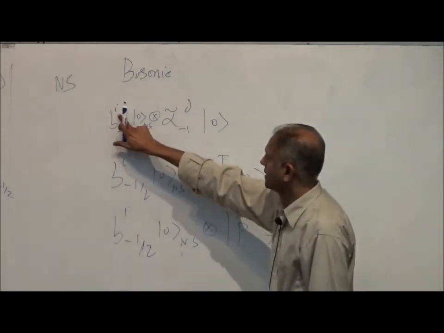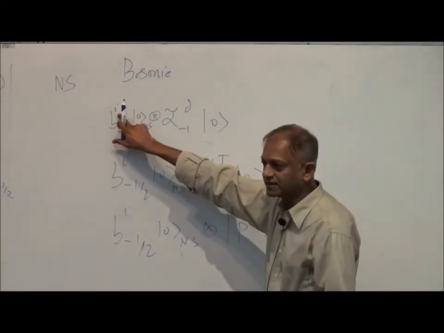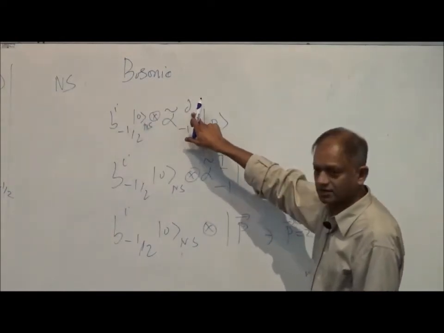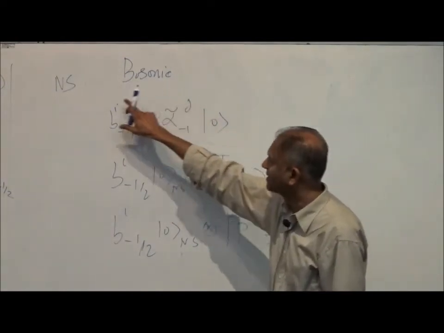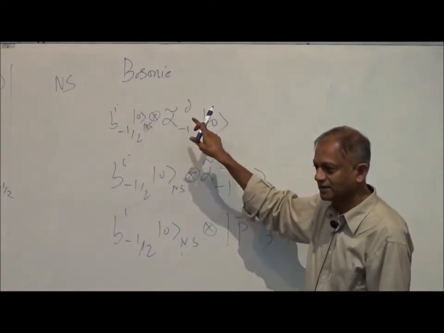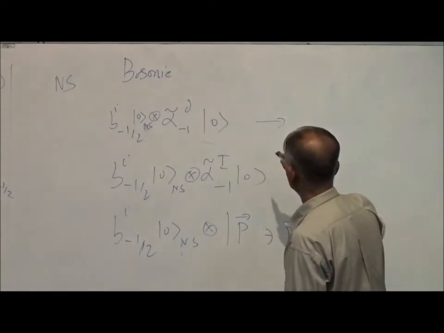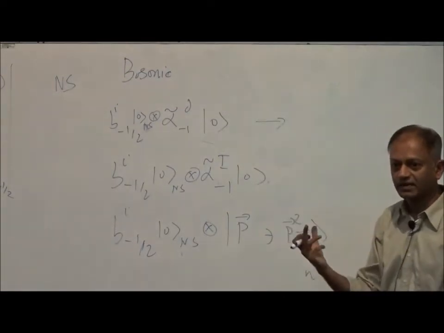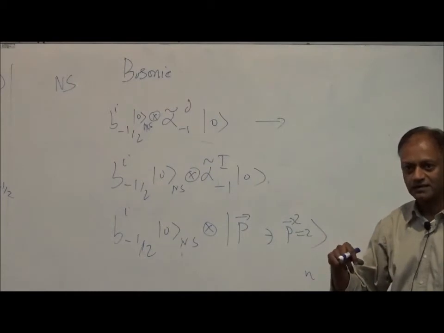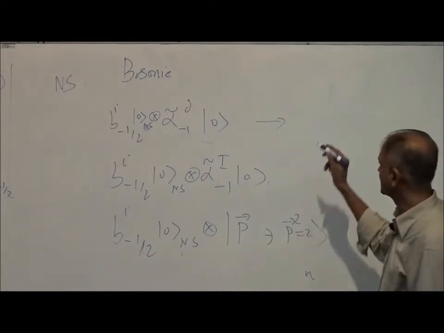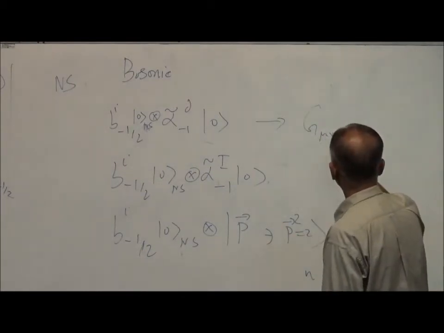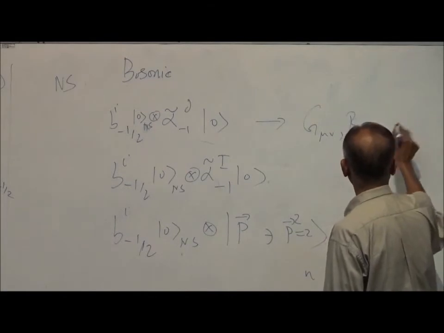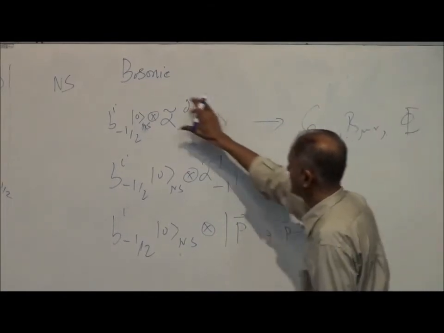Now let's look at what kind of states these are. This is a vector of the transverse group SO(8). This is also a vector of SO(8). So this is a second rank tensor of SO(8), and as usual, you can decompose it into the traceless symmetric part, the trace part, and the antisymmetric part. That just gives you the standard G_{mu nu}, B_{mu nu}, and the dilaton.